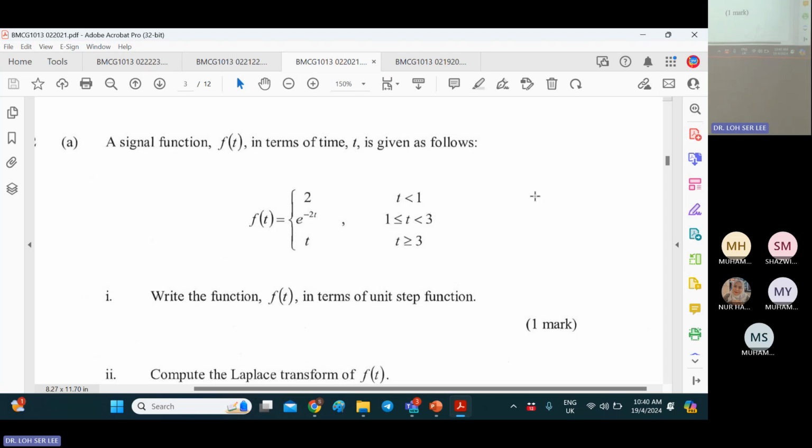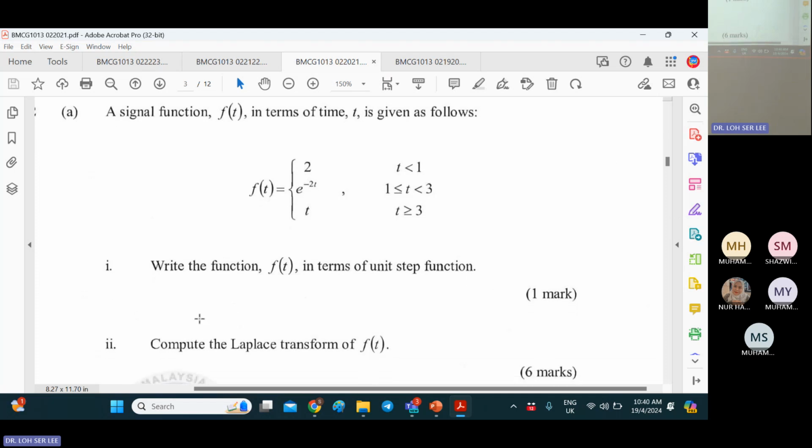This is a very simple one. I hope you still remember how to express this as a unit step function. This is what you learned last Monday. It is 2, plus the second function minus the first, multiplied by the Heaviside function u(t-1), and then plus the last minus the second last, multiplied by the Heaviside function u(t-3). 1 mark.